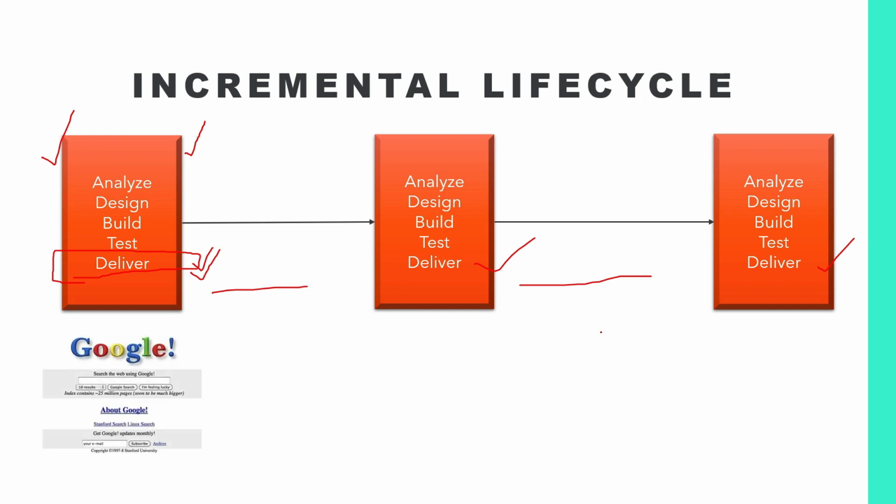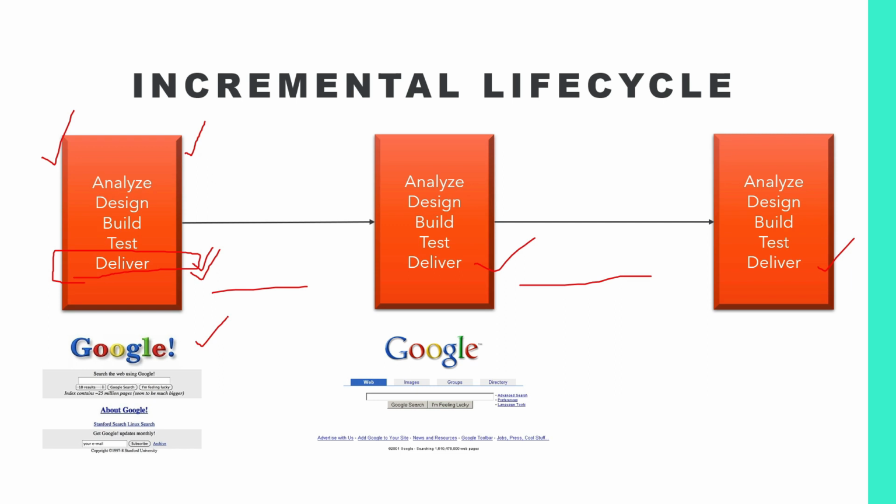Now, here's a good example. You see Google, this is how it used to look like. But then in the next iteration, you refined the homepage, and this is the current iteration where you have a much more refined homepage of Google. So this happened because there was incremental lifecycle deployed.